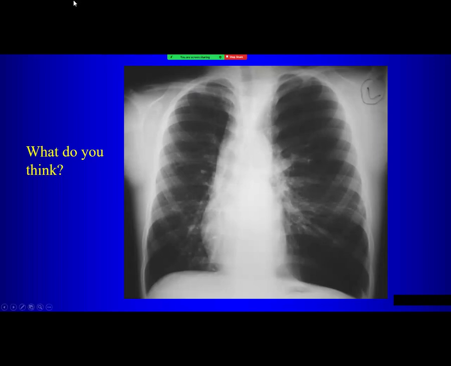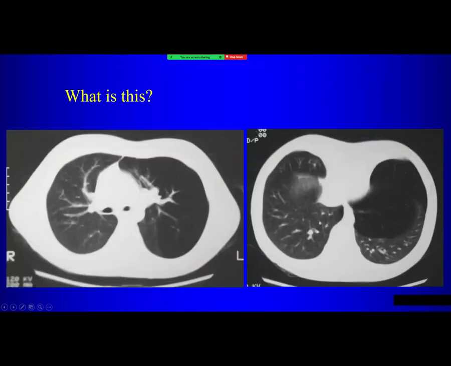Yeah, so the left side, there is some shift of the mediastinum towards the right. And the left side, there's some increased lucency here. When you look at the vascularity, there's a real paucity of vascularity here in the top and the bottom portions of the lung. So there seems to be some abnormality on the left side causing the shift of the mediastinum to the right. So again, we're thinking about air trapping, but what could be the cause? What could be the etiology?